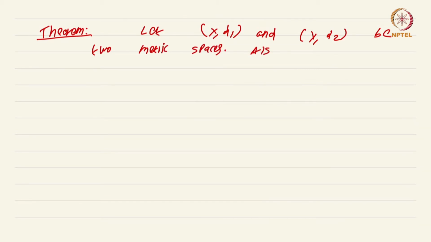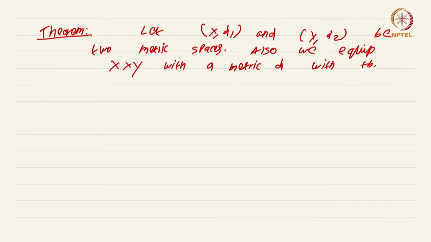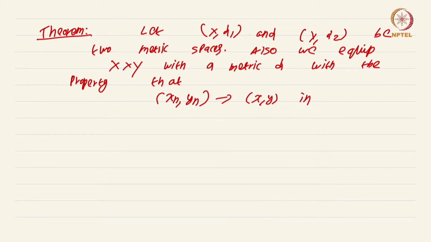Also, we equip X cross Y with a metric d with the property that (x_n, y_n) converges to (x, y) in X cross Y if and only if x_n converges to x and y_n converges to y.